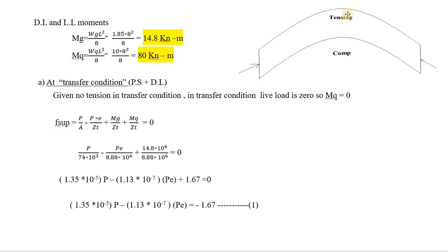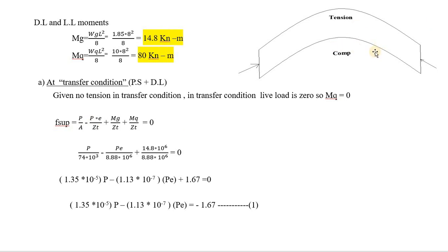It is at the top. For the top, we use the notation F superior when tension is at the top. They have given in the question itself no tension in transfer condition. So F superior is 0.